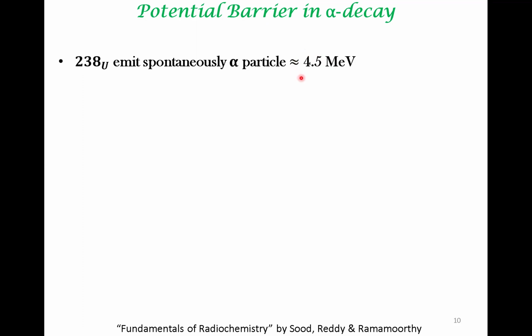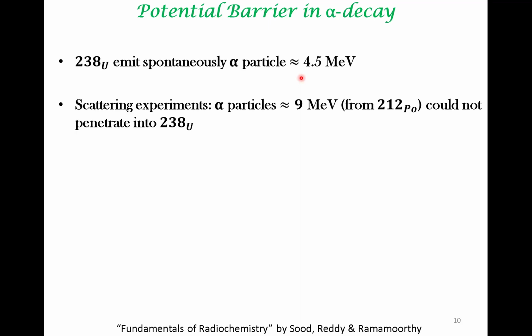Whenever there is a rate constant, the rate constant is probably modulated via a reaction barrier, right? So we want to understand why there is a reaction barrier and what is the height of the reaction barrier. That's important to understand.